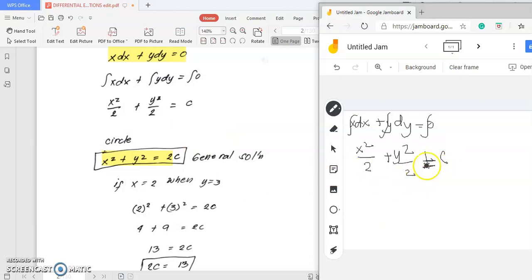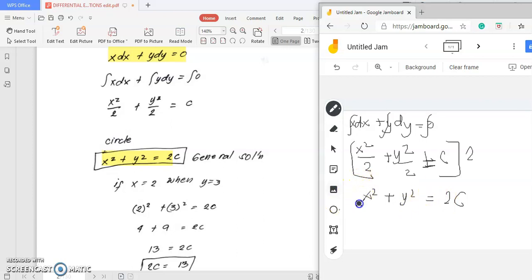From there, you can now multiply to all sides, this side and this side. When you multiply by 2, 2 times x squared over 2, you remain with x squared, plus 2 times y squared over 2, you will have y squared, equals 2c.